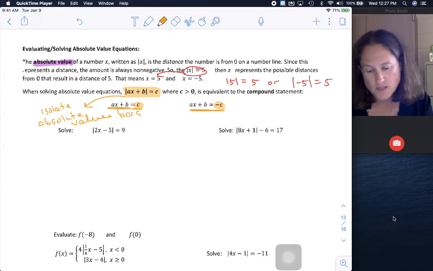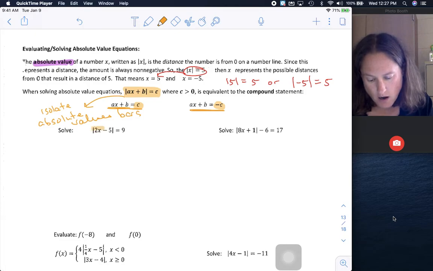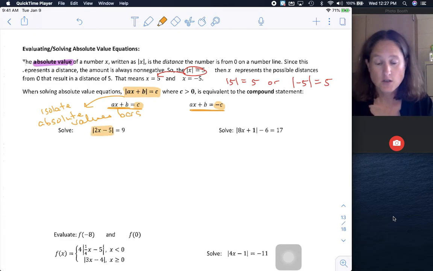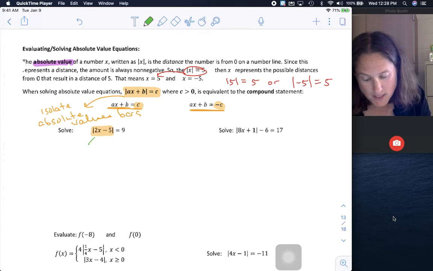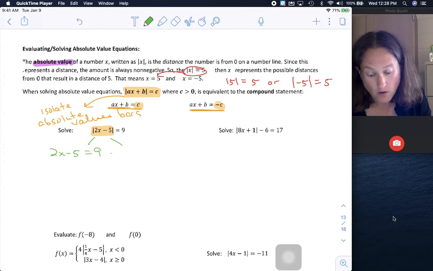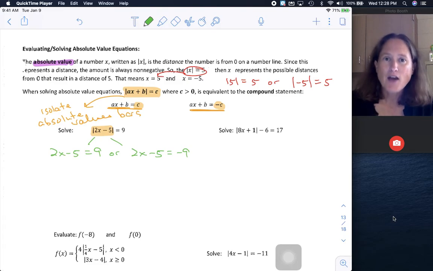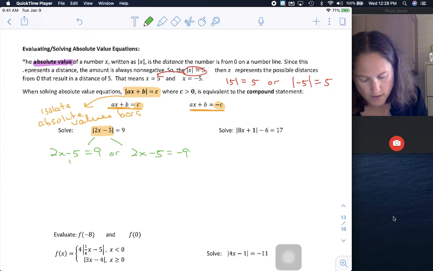Okay? So if we take a look at this first example, the absolute value bars are isolated. They're all by themselves. So I'm just going to set up 2 possible solutions. Either what's inside the absolute value bar, 2x minus 5, is equal to 9, or what's inside the absolute value bar is equal to the opposite of that. Now you have 2 separate equations that you can solve very quickly by adding 5 to both sides.